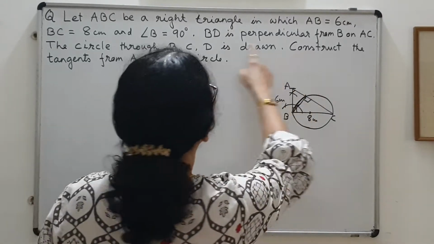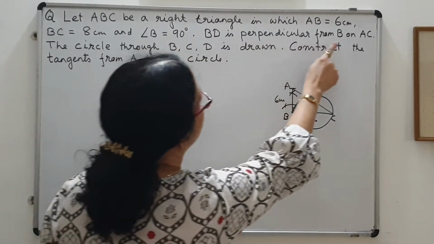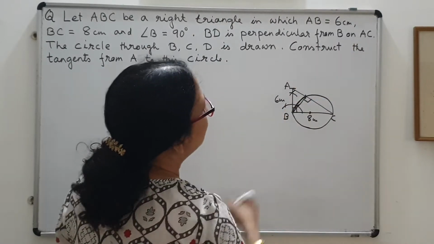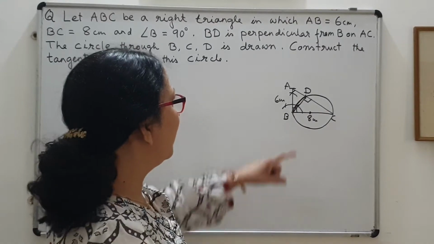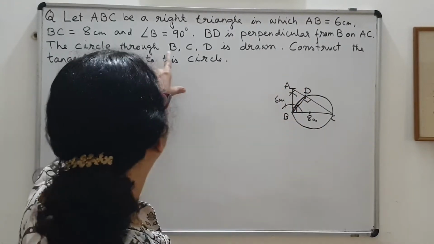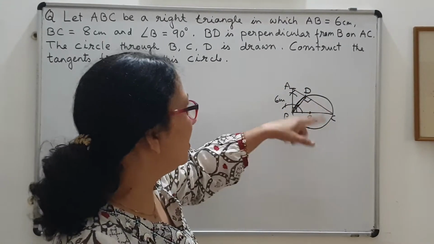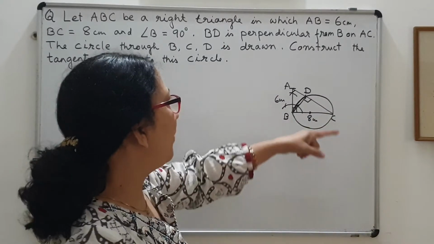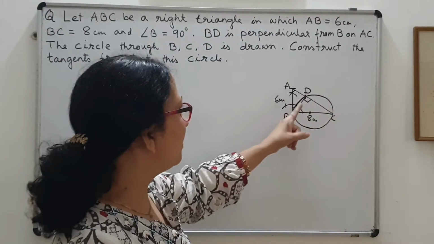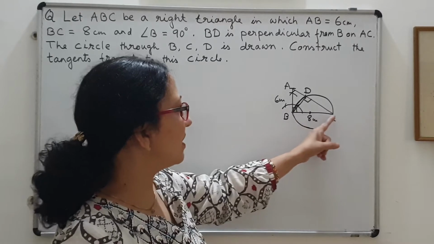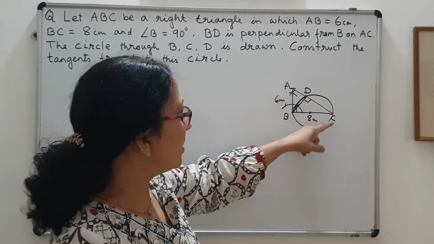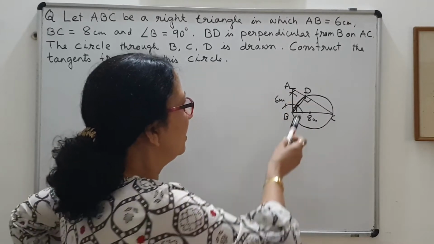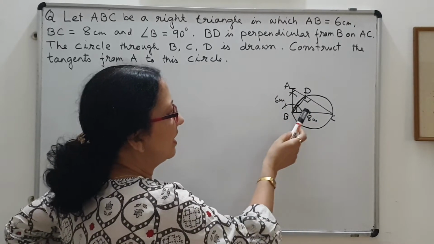So now you see, BD is perpendicular from B on AC. That means this point has to be D. In this way, indirectly I can get the point D, and also the circle through B, C, D is drawn. So I'll first draw the circle through B, C, D. That means I'll draw a circle with BC as the diameter, and the circle will cut the hypotenuse AC at a point D, such that this angle is 90 degrees.